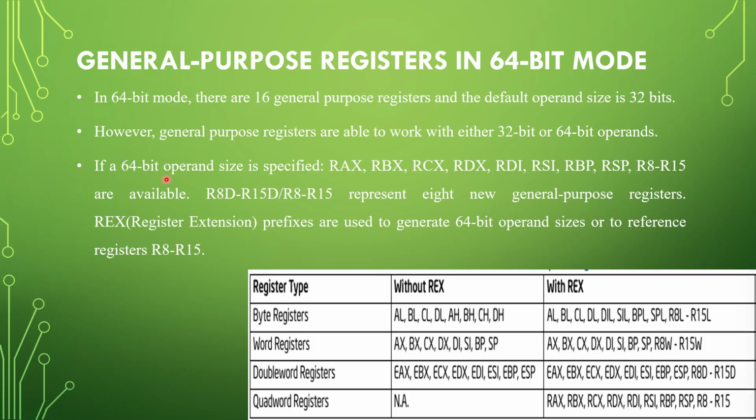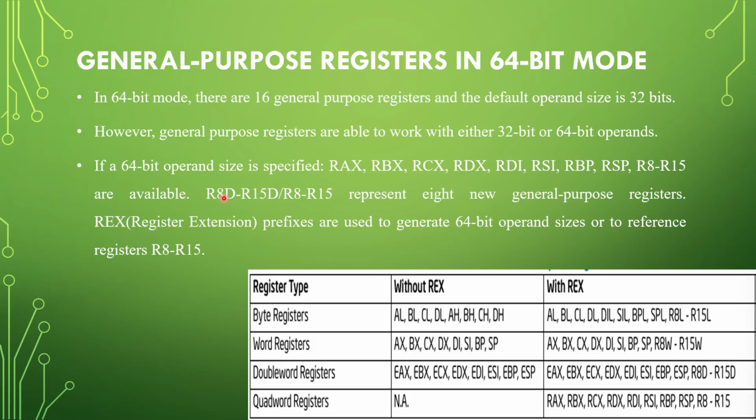If a 64-bit operand size is specified, along with the previous registers, like in the previous case, we had these registers along with certain extended registers also. So along with that, certain extra registers are also specified here like RAX, RBX, RCX, RDX, RDI, RSI, RBP, RSP, and R8 to R15.